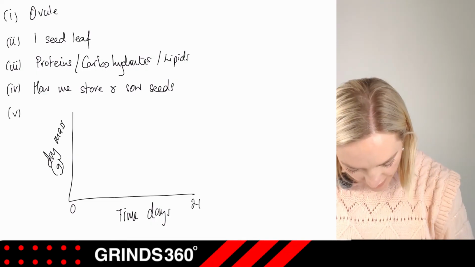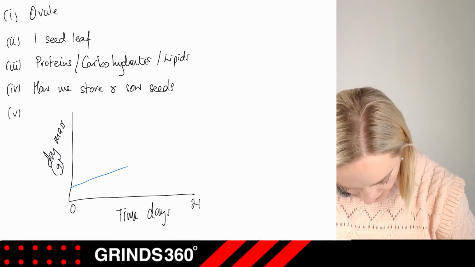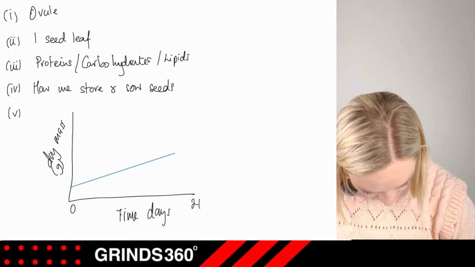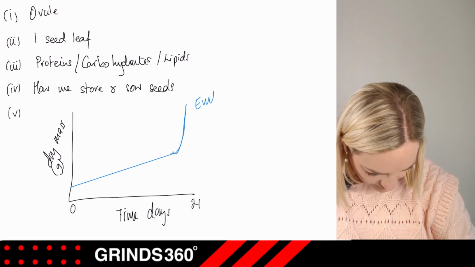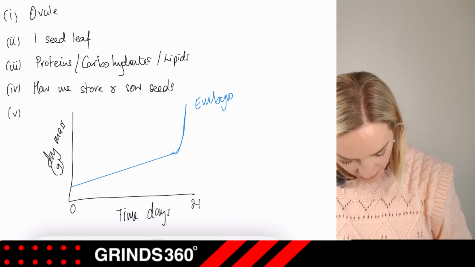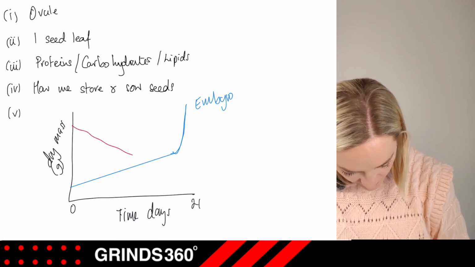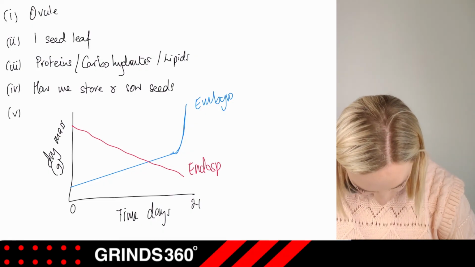My embryo, I'm going to do in blue. It goes like this, and then it goes up. And then I'm going to go red with my endosperm. Or this could be your cotyledon.